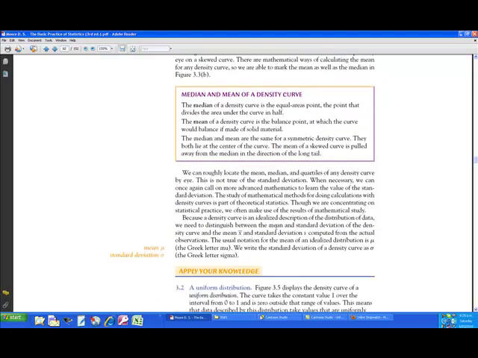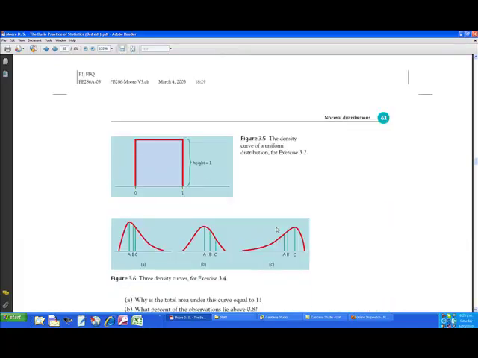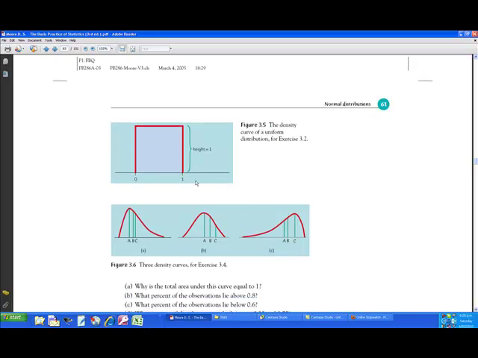And the median will be different than that, possibly, depending on the shape of the curve. Here's another density curve. Here you can clearly see that the area is 1 because the base is 1 and the height is 1, so the area is 1.